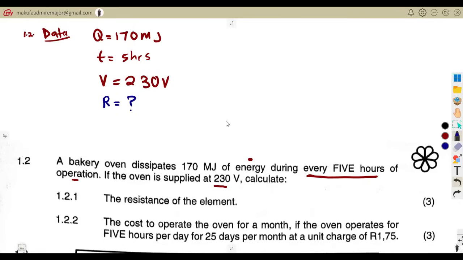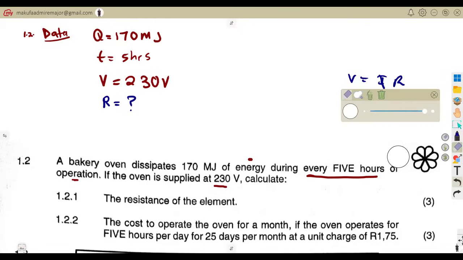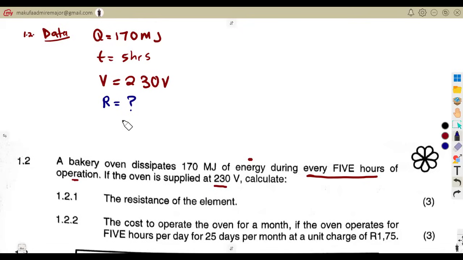If I have voltage and current, I can make resistance the subject by dividing by current. Resistance is equal to voltage over current, but I do not have current. So we can think of another formula.